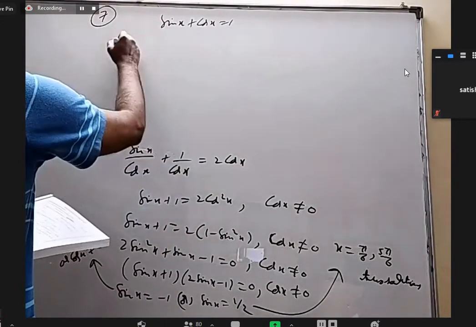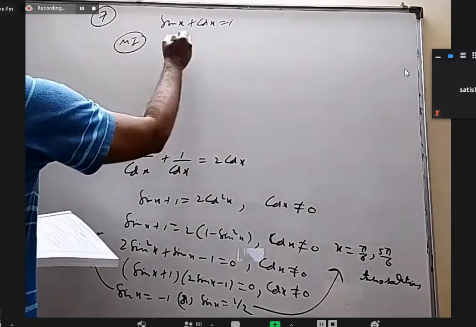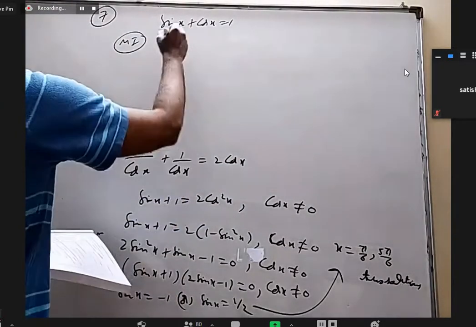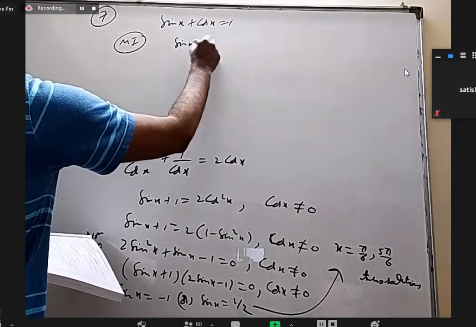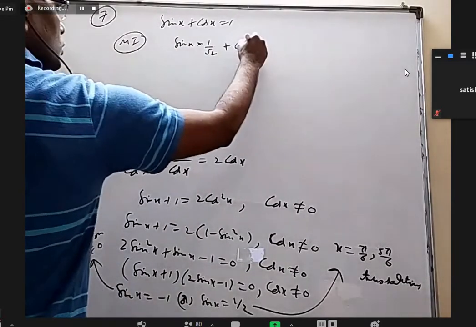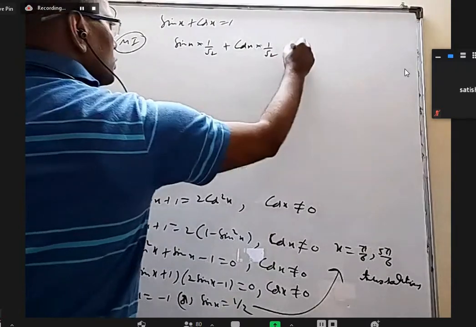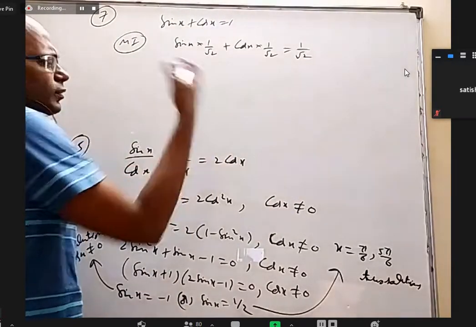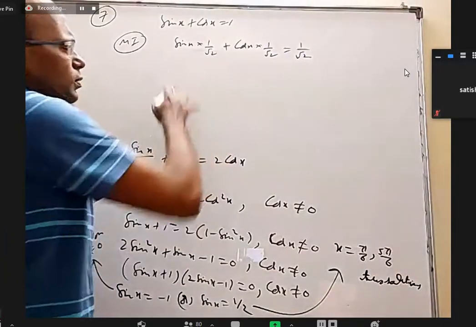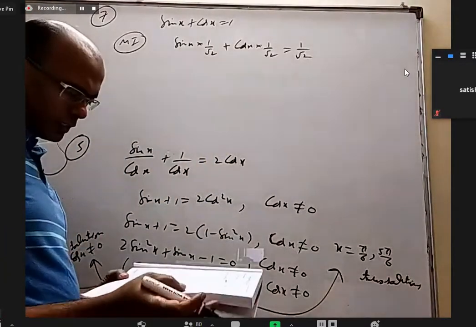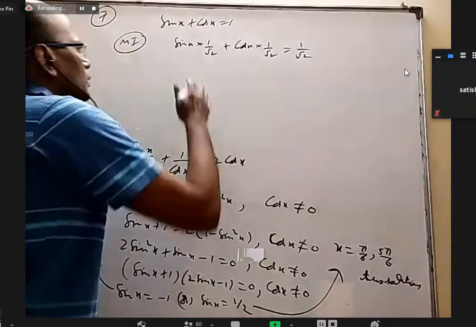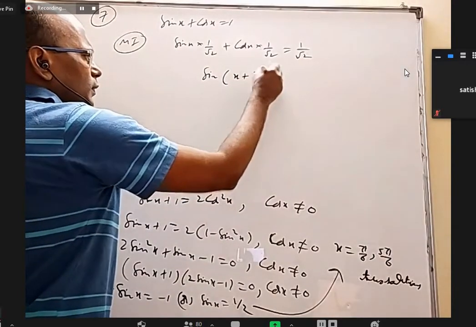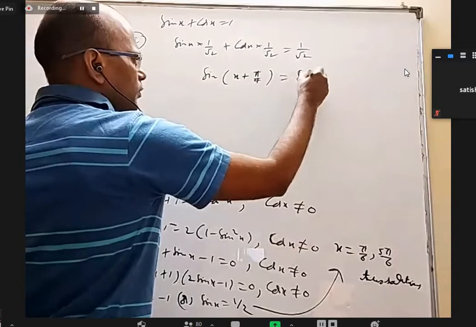Okay, so one method would be to divide with root 2. Obviously, whenever a sin x plus b cos x is there, we divide by root a square plus b square. Sin x into 1 by root 2 plus cos x into 1 by root 2 is equal to 1 by root 2. Now, you can convert into sine or cos. Generally, cos you are more comfortable, but if an option is there in terms of sine, let us do it. So, you can also write this as sin(x plus pi by 4) equal to sin pi by 4.